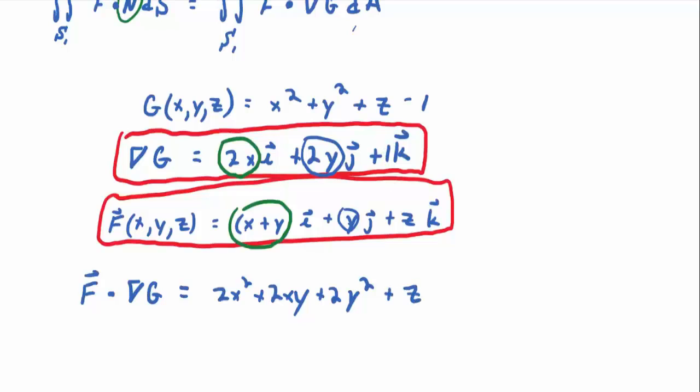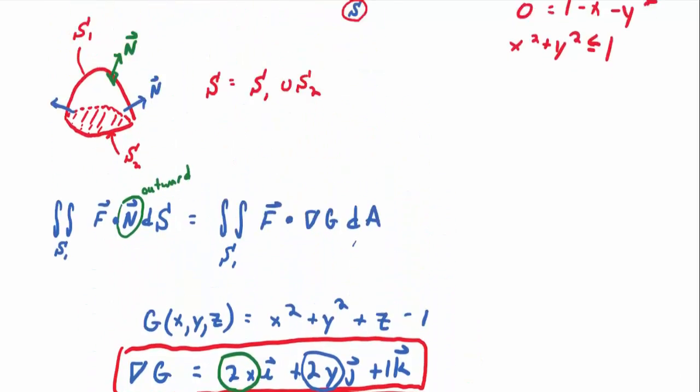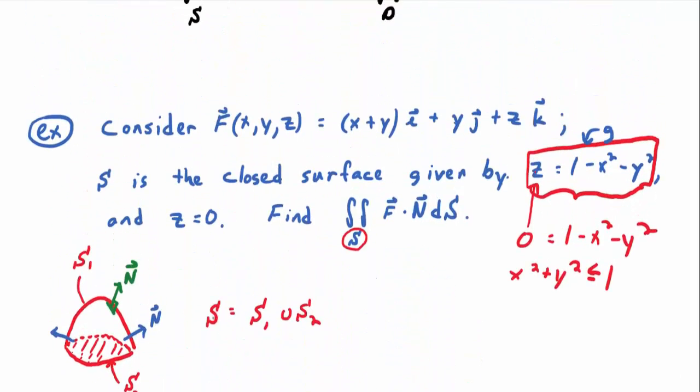Okay, but we're just going to end up with a double integral. We can't have z in it. So what is z? We're doing everything on the surface, right? So z is g of x, y. So since we're on the paraboloid, you can replace any z with 1 minus x squared minus y squared.